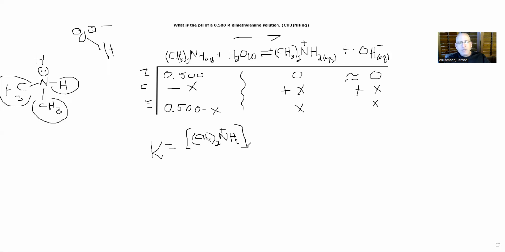I'll put a little E here to remind us at equilibrium, times the hydroxide ion concentration at equilibrium, divided by the concentration of (CH3)2NH, whoops, that needs to be parentheses 2, square brackets, at equilibrium.